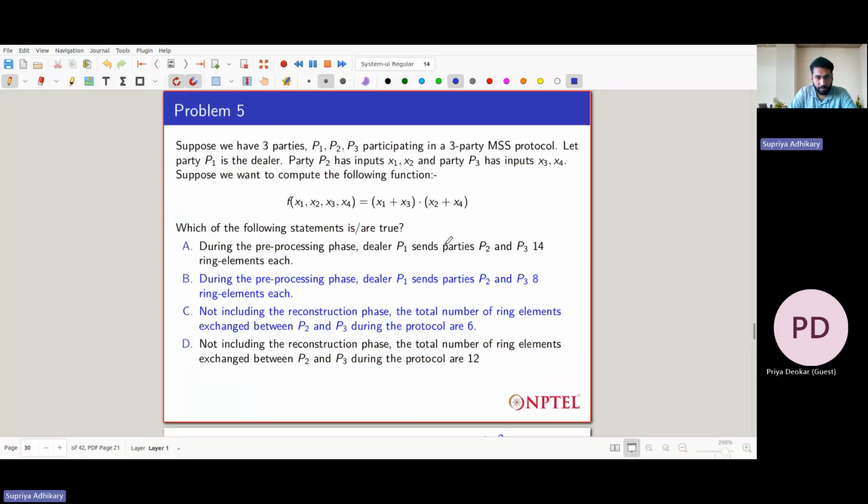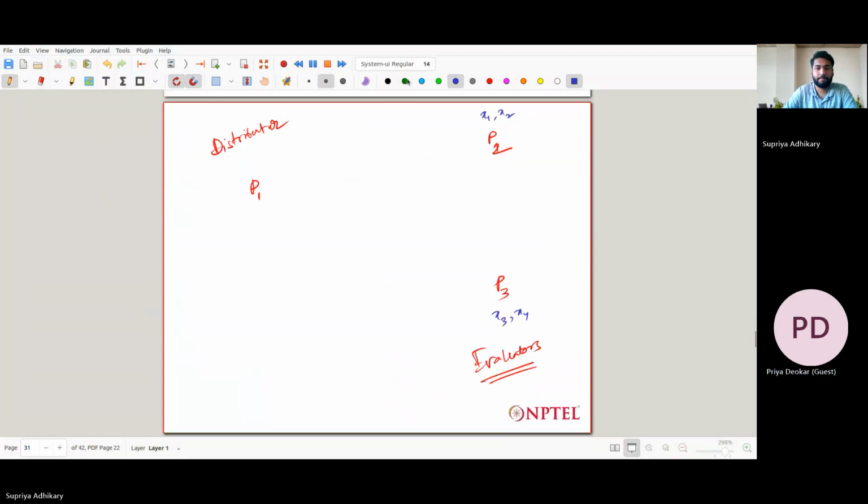Together they want to compute the function shown. So let's see how this is possible.